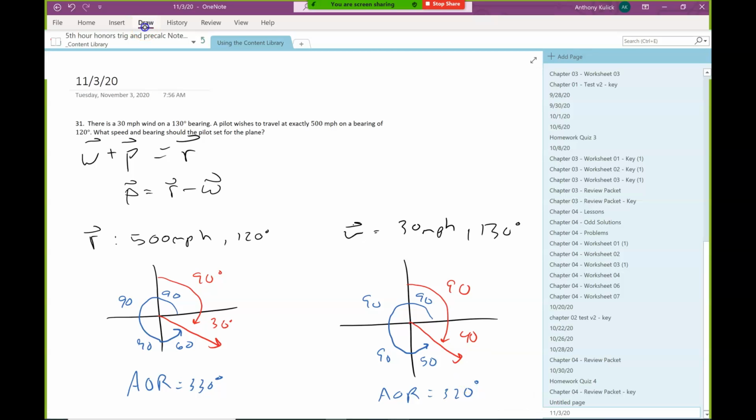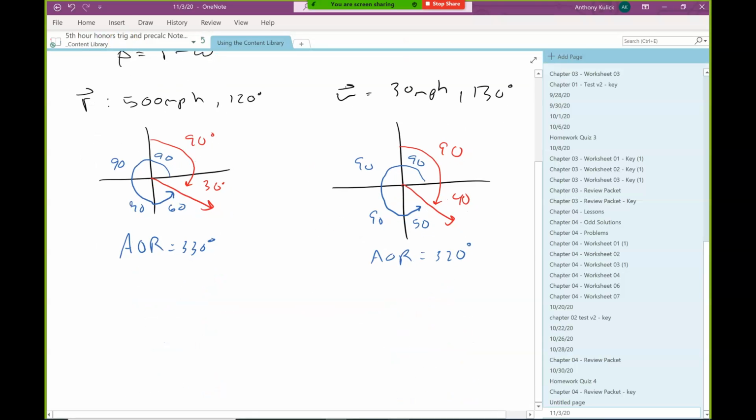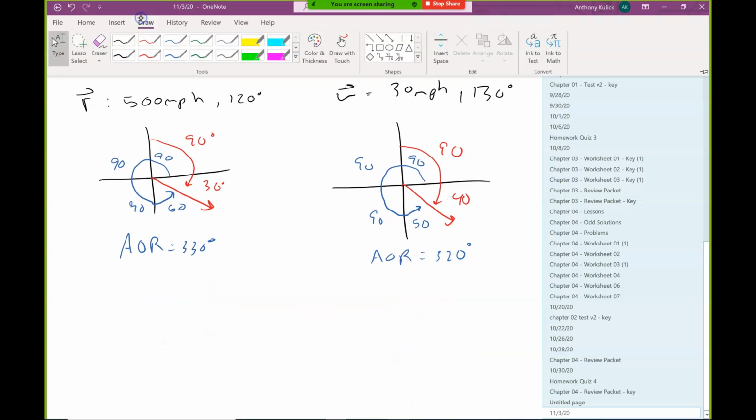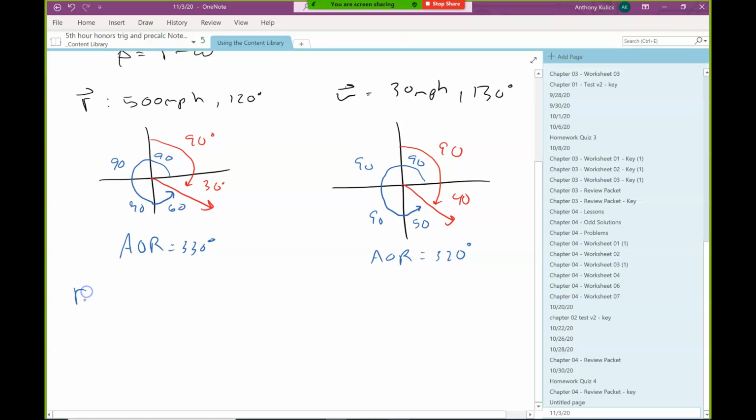So far, so good, Josh? Yeah. Okay. So I'm going to resolve this vector r into an x and y component. The x component is going to be the magnitude times cosine of its angle of rotation. And its y component is going to be the magnitude times sine of its angle of rotation. Similarly, for the wind, I'm going to do the same thing.